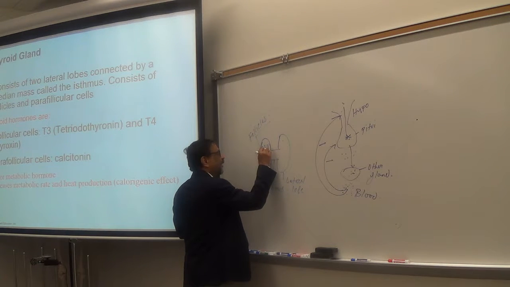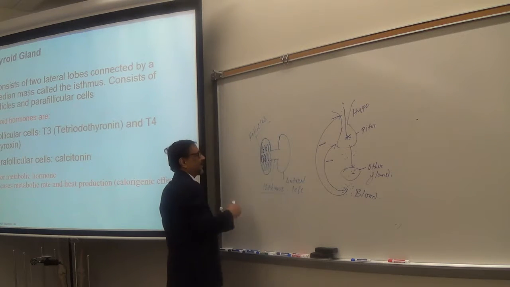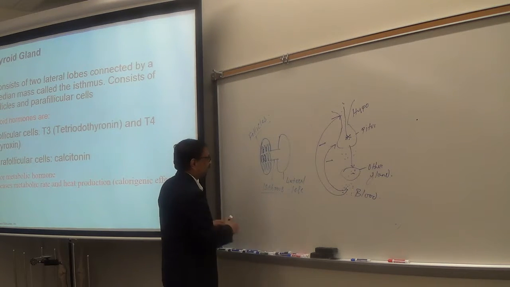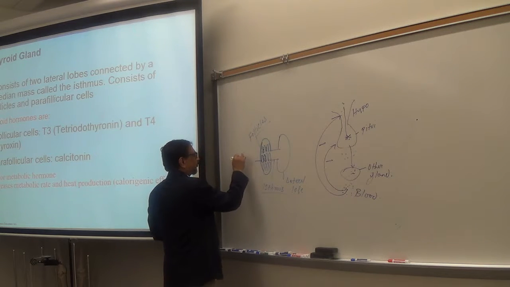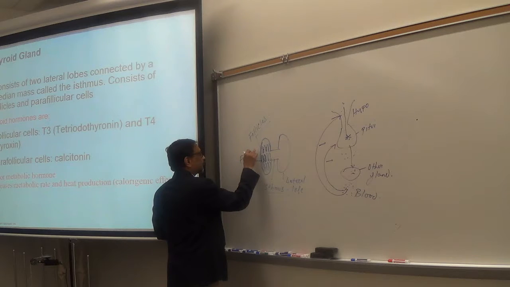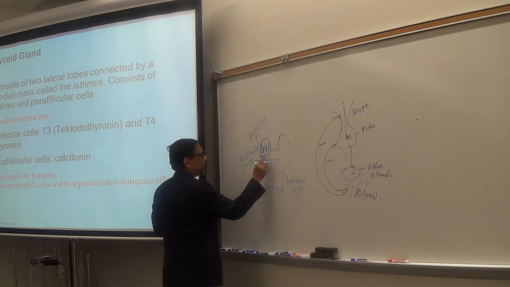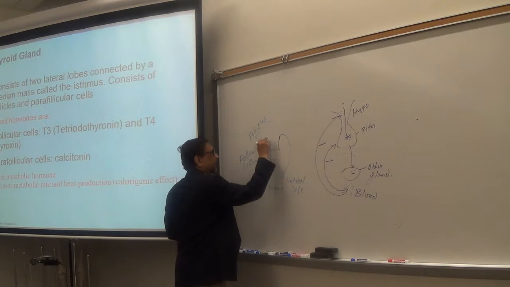These are called parafollicular cells. So two types of cells are here: follicular cells in the wall of the follicle, and parafollicular cells in between the follicles.